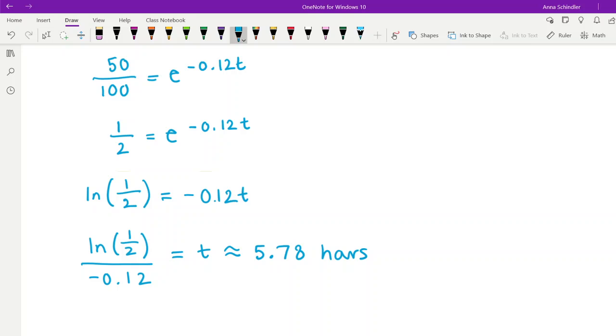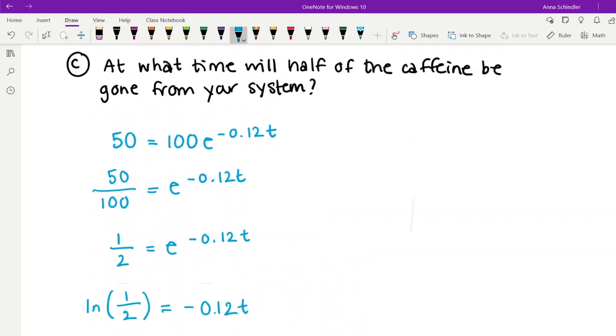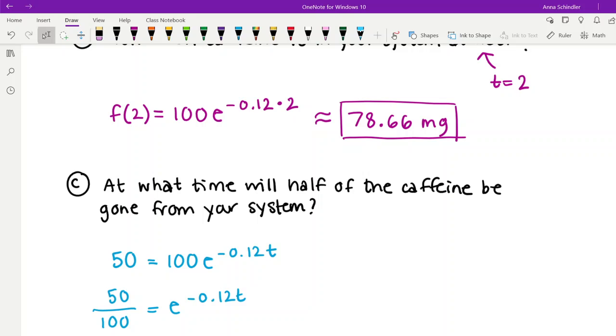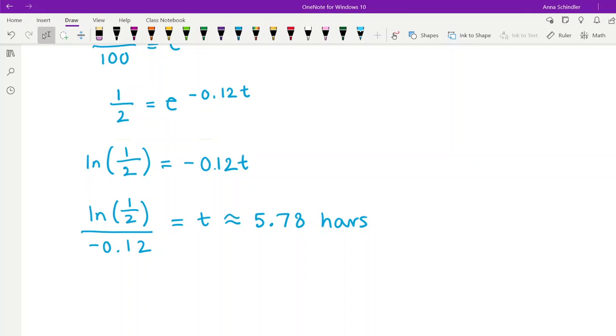hours. And so the question is asking us, what time will half of the caffeine be gone from your system? And so that's going to be 10 a.m. plus 5.78 hours, right?